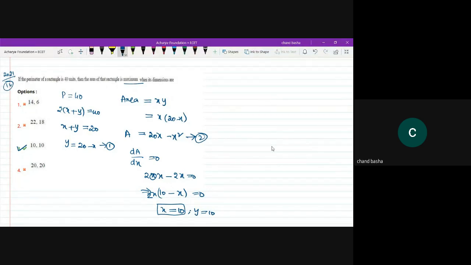Here we don't have x. Here we are not getting x. Only 2 is taken common.